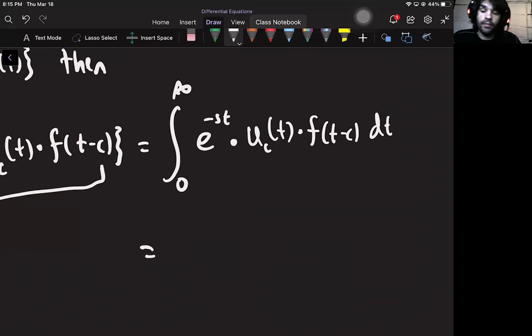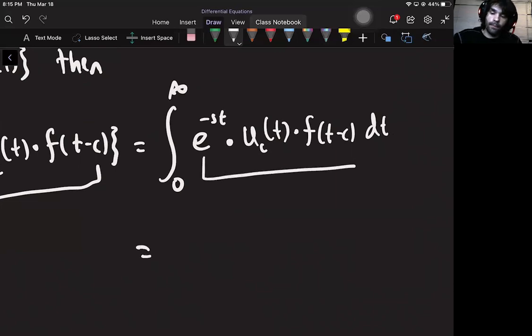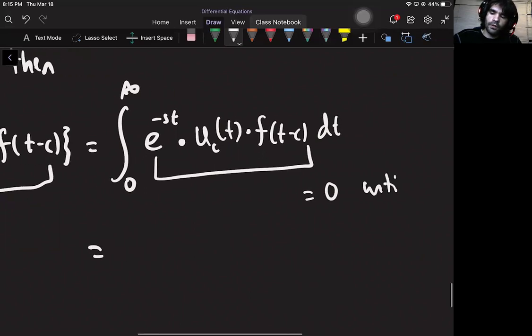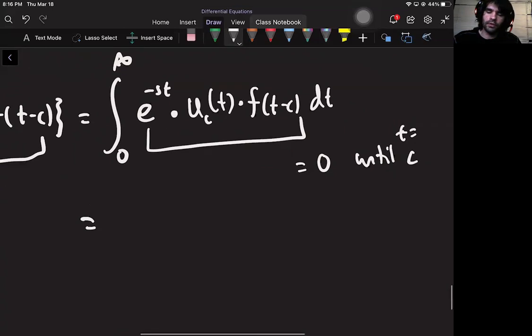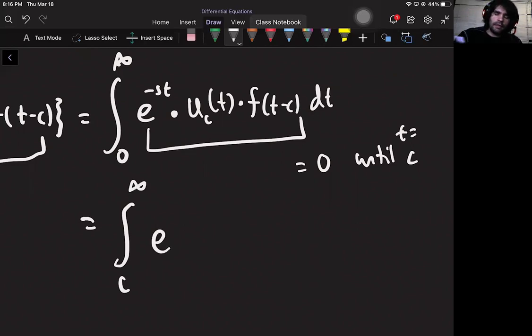Well, what happens is that the inside is 0 until time c. You can think of the integral as area again. So what's the area under 0? It's just 0 until you get to time c. So this is really just the same as starting the integral at c, because before that, there's nothing there.